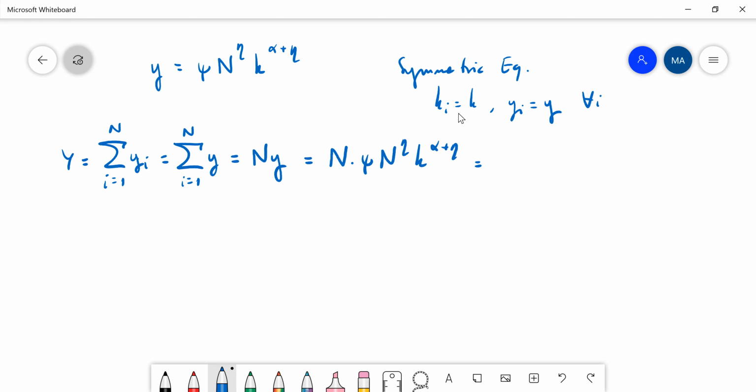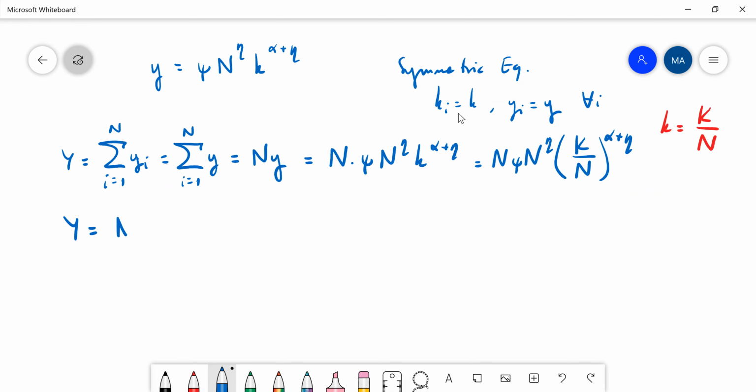Now you can actually imagine this. So k, if you think about it, k is this, right? So now you can write this then as n c n to the eta k divided by n alpha plus eta, right? So aggregate GDP is what?